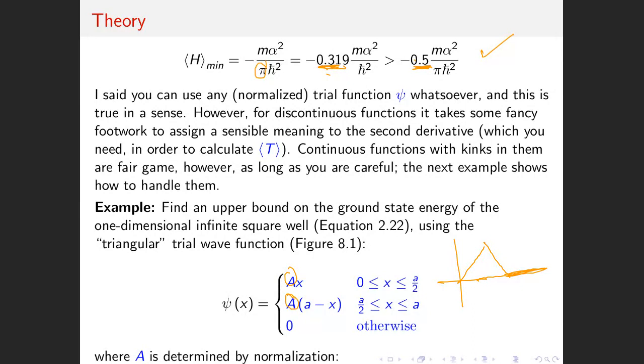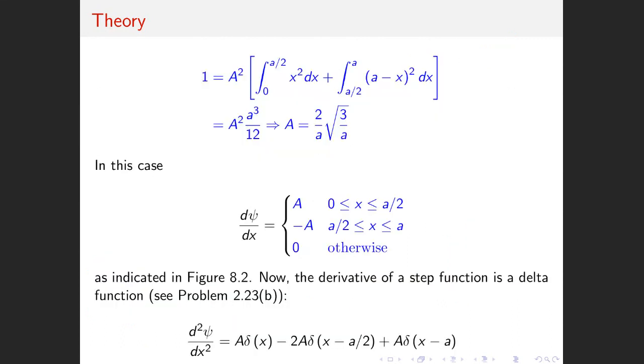You first have to find two sets of parameters. The normalization one you get by saying that psi psi has to be 1. So this integral goes from 0 to a over 2 of a squared, the square of the wave function, plus a squared times the integral of a minus x squared from a over 2. This is easy, we've done this before. Check what you get for a.